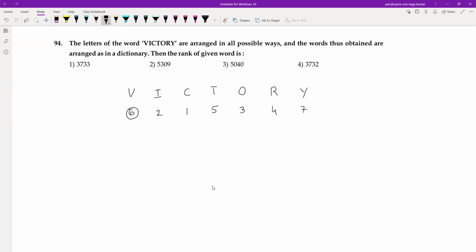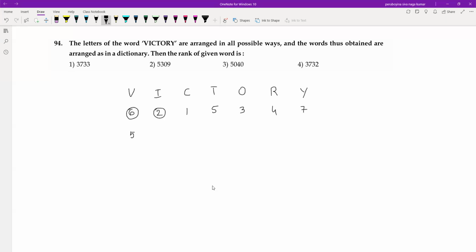How many smaller numbers are there? 2 is smaller than 6. 1 is smaller than 6, 5 is smaller than 6, 3 is smaller than 6, 4 is also smaller than 6, but 7 is not smaller than 6. So how many numbers? 5. So write 5 here.